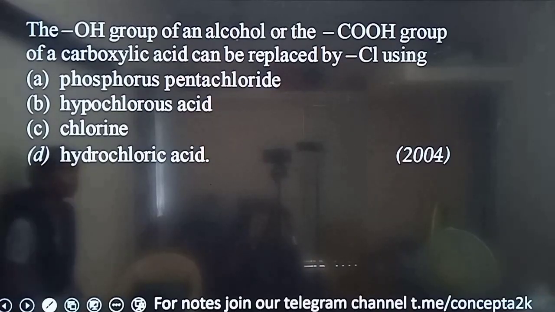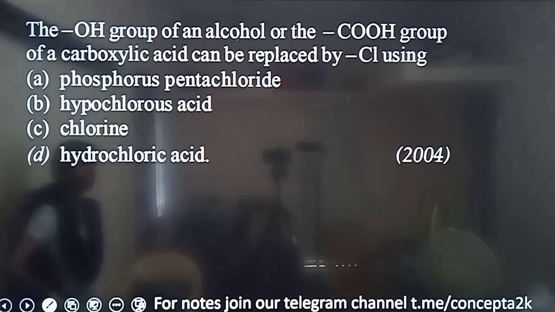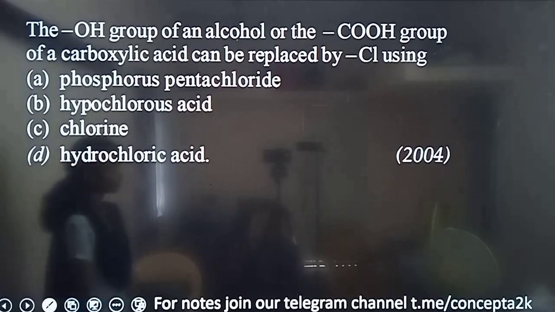The OH group of alcohol or the COOH group of a carboxylic acid can be replaced by chlorine using phosphorus pentachloride, hypochlorous acid, chlorine, hydrochloric acid.